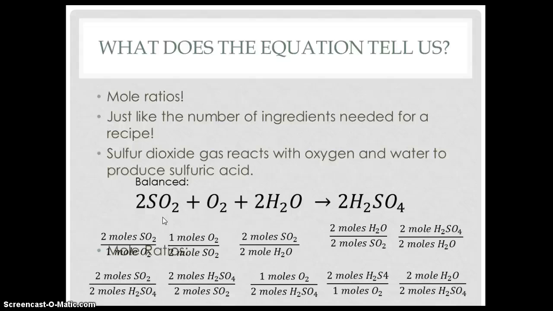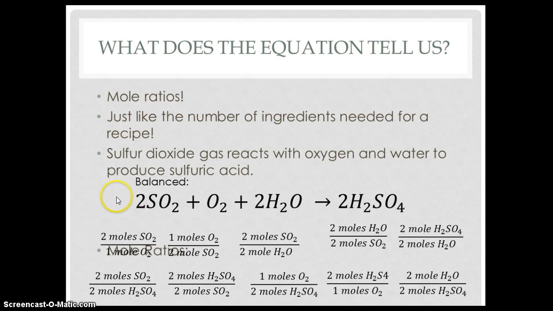You always want to make sure you're working with a balanced equation in stoichiometry. Stoichiometry relies entirely on the fact that you have a reaction, it's balanced, you know the exact amounts that need to react, and all the while you're following the law of conservation of mass.